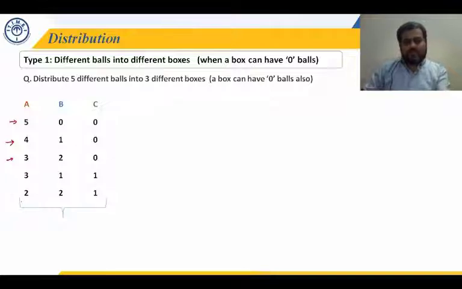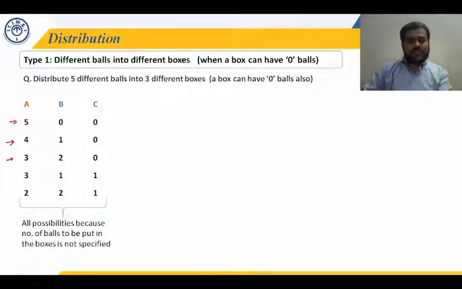Fine. So we'll have to look at all these possibilities because unlike the previous examples we did, here it is not specified how many balls have to be put into the boxes. So we'll have to consider all possibilities, right? If it was already given that 2 balls have to be given to one box, another 2 to another box, and another 1 to the third box, then there would have been only one case, this one.